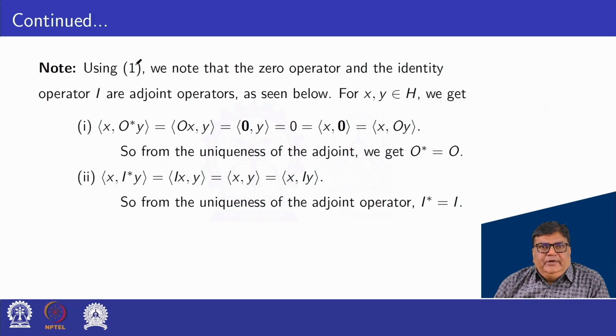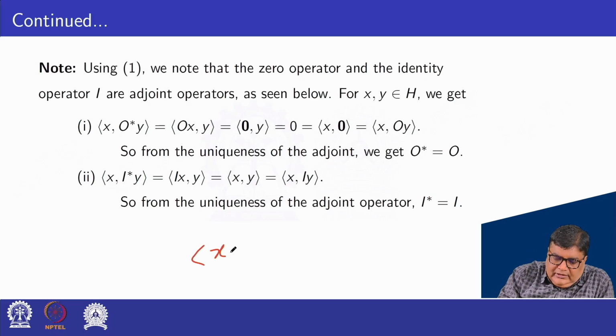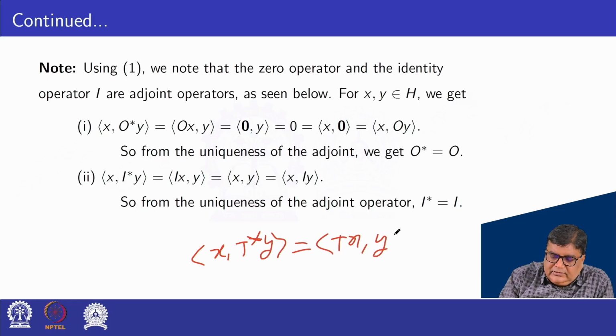As per property 1, which is the inner product of x T star y equal to the inner product of Tx y, using this property we can write the inner product of x O star y equal to the inner product of Ox and y.